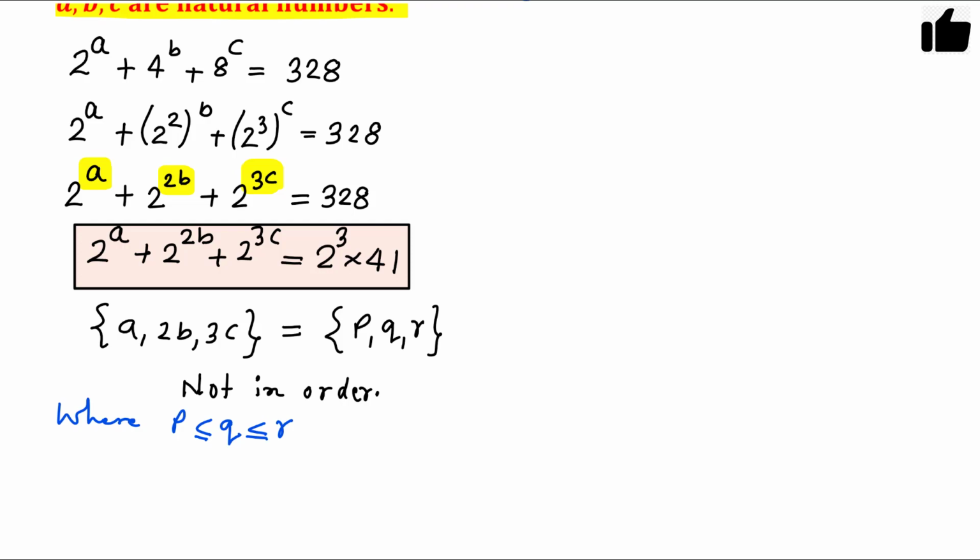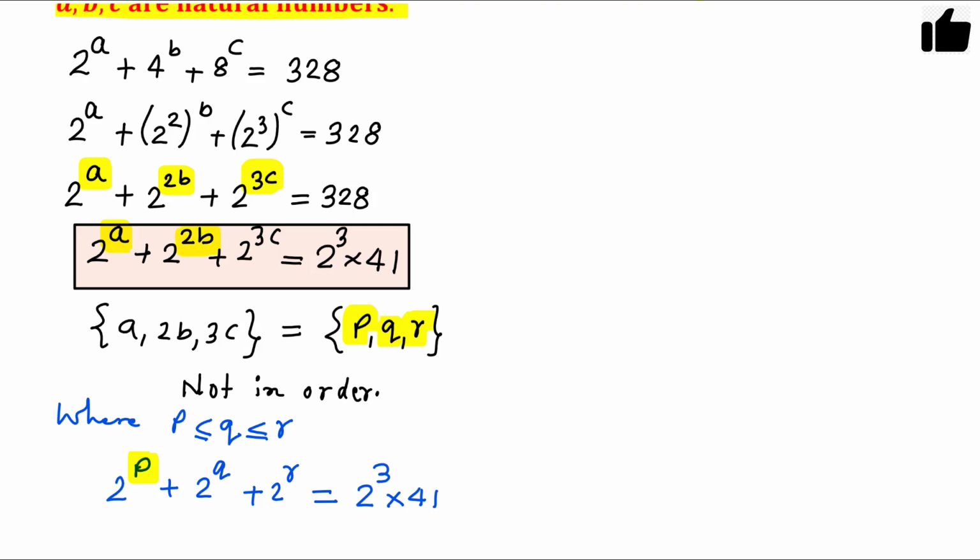So now my equation becomes 2 raised to the power p plus 2 raised to the power q plus 2 raised to the power r equals 2 raised to the power 3 times 41. Let us try to understand what we have done here. You have 2 raised to the power a, and a can be anything, either p, q, r. So if a is p, then this becomes this. 2b can be anything.